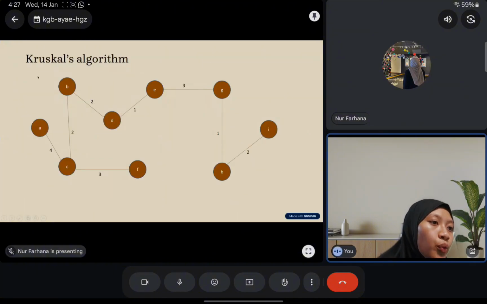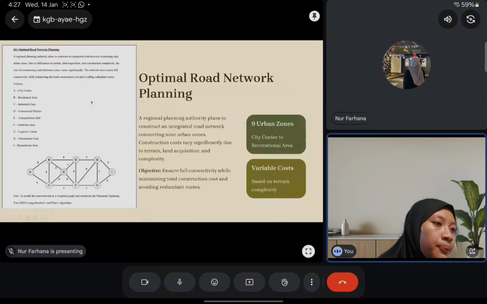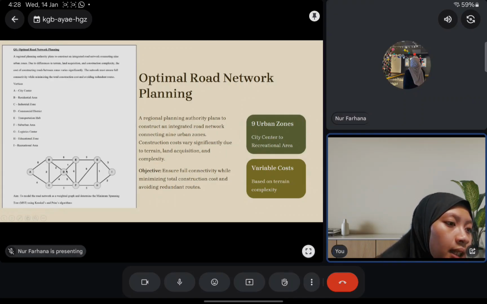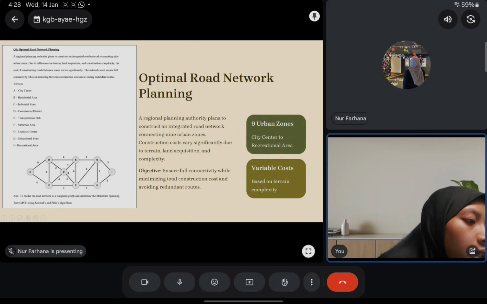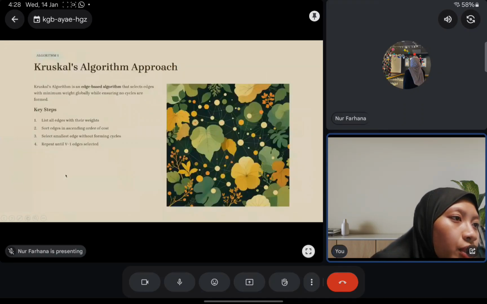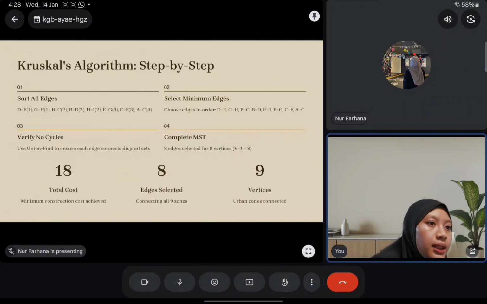We need to find which has the minimum weight first, and we see that D to E only has 1 cost. So we will sort it here: DE and GH, then BC because it has 2, and so on.